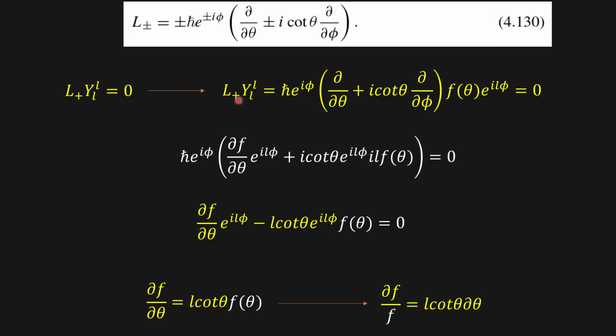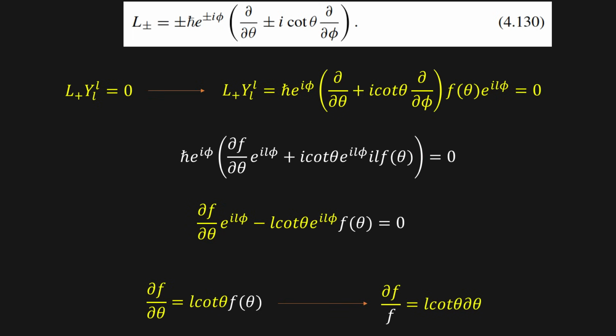Now what will happen when L plus acts on Y_l^l? By definition, L plus is equal to ħ e to the power i phi times the partial derivative with respect to theta plus, because we are taking only the upper sign for the raising operator, i cot theta times the partial derivative with respect to phi. And what is Y_l^l?